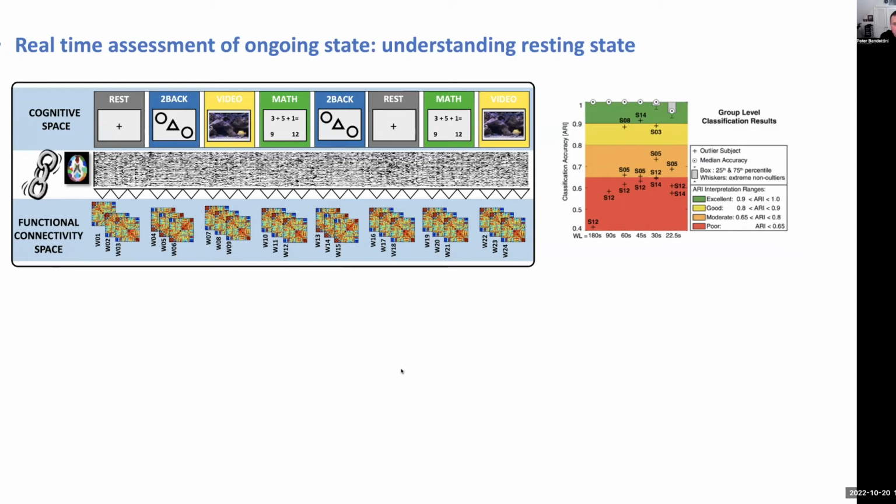Our first preliminary data, once again work by Javier Gonzalez-Castillo in my group, in which he had subjects perform four different tasks: rest, 2-back, video, math. He put the brains in a parcellation, looked at their connectivity matrix with a sliding window, and identified four categories of connectivity matrices that clearly identified the tasks. So ongoing connectivity during a task, as opposed to just magnitude changes, is very sensitive for identifying what task it is.